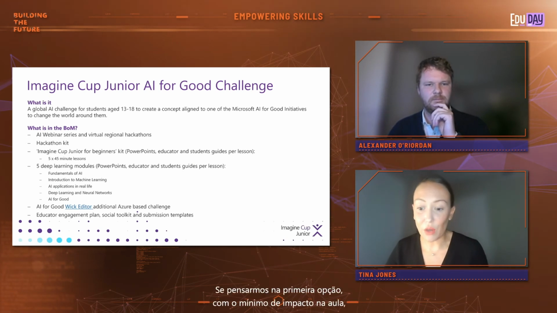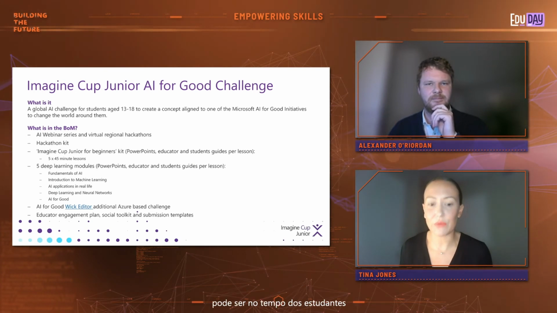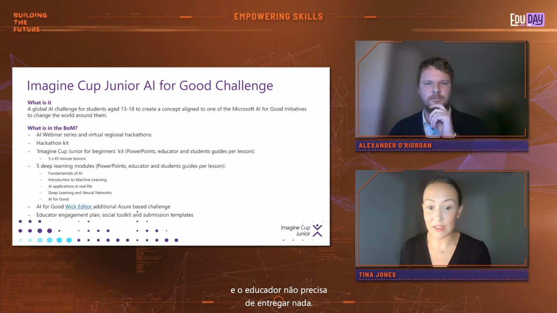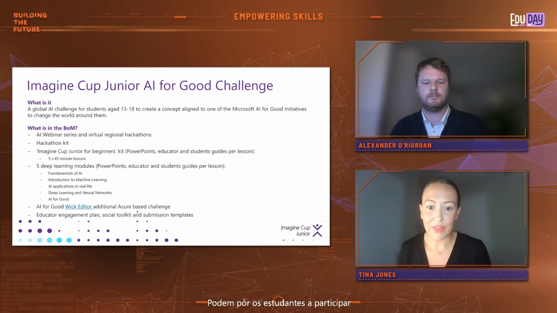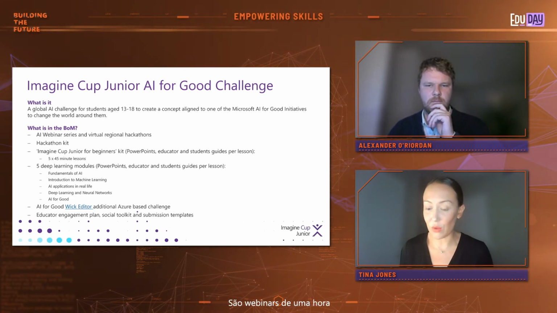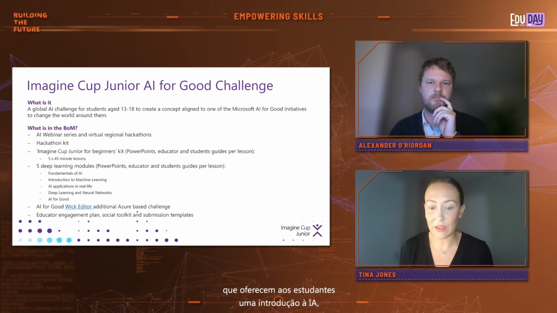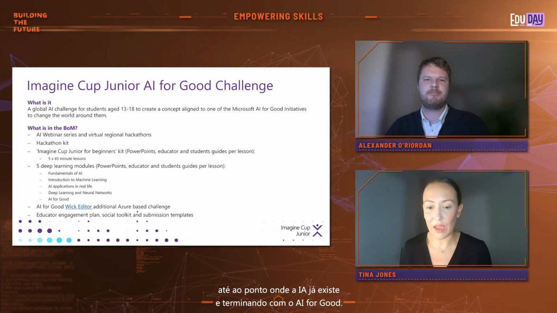So if we think of option 1 as minimal impact on the lesson, it could be in students' own time, and the educator doesn't need to deliver anything. They could get their students to take part in the AI webinar series and regional hackathons. So these are 1-hour-long webinars that will take students through an introduction to AI, through to learning about where AI already exists, and finishing with AI for Good.